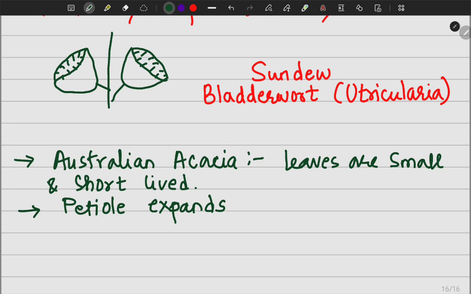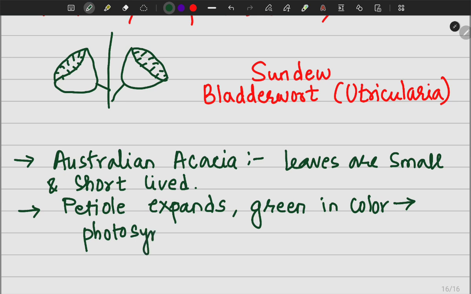The petiole, which is a part of the leaf, expands its size, becomes green in color, and then it performs photosynthesis. So this is a special type of modification of leaf in which the leaves actually fall off after some time, and a part of the leaf, which is the petiole, expands in size, becomes green in color, and then performs photosynthesis. So this completes the modification of leaf.